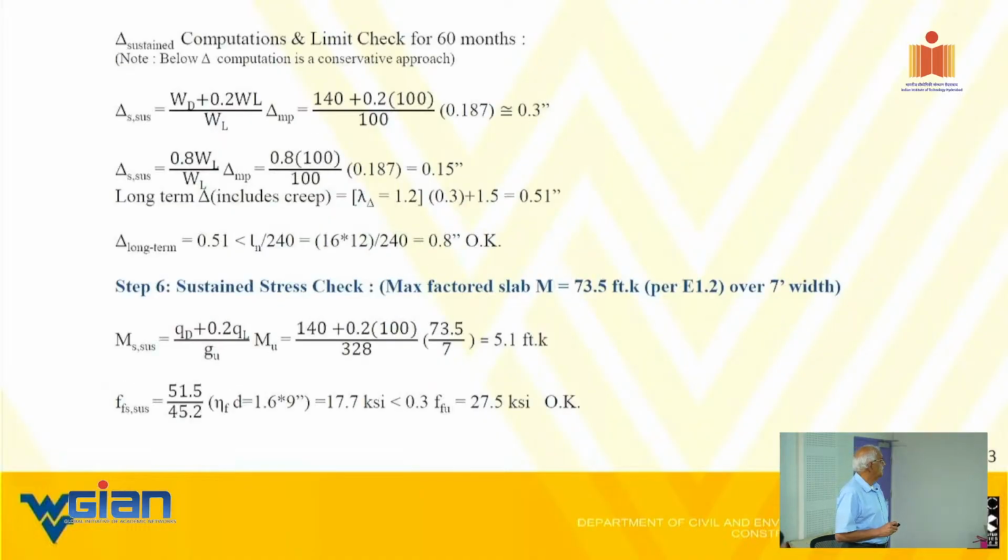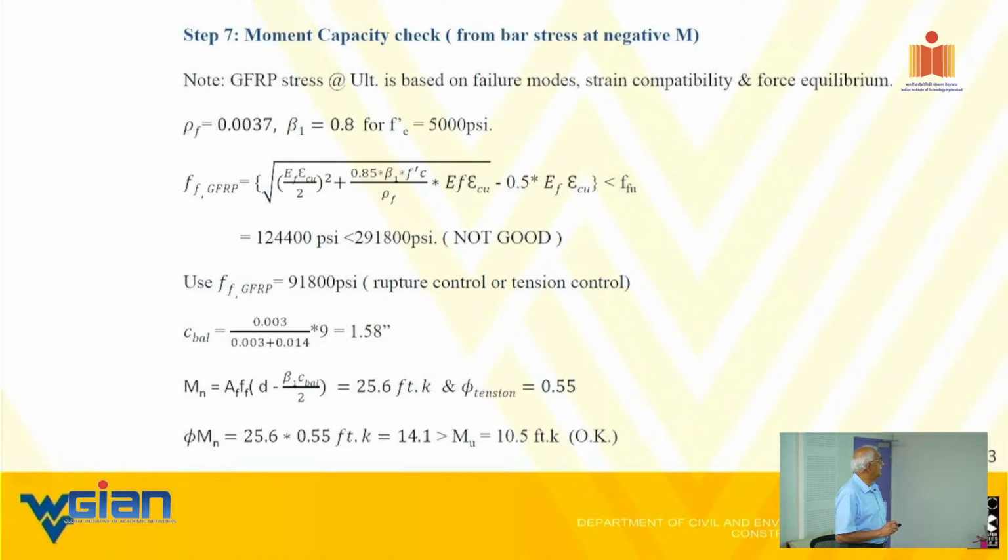Okay, so here are these sustained stress checks from the sustained moment values. The sustained moment value is based on 100% of dead load, 20% of the live load, and that is the sustained stress that I'm going to be using in my next slide. So here is the moment capacity check.